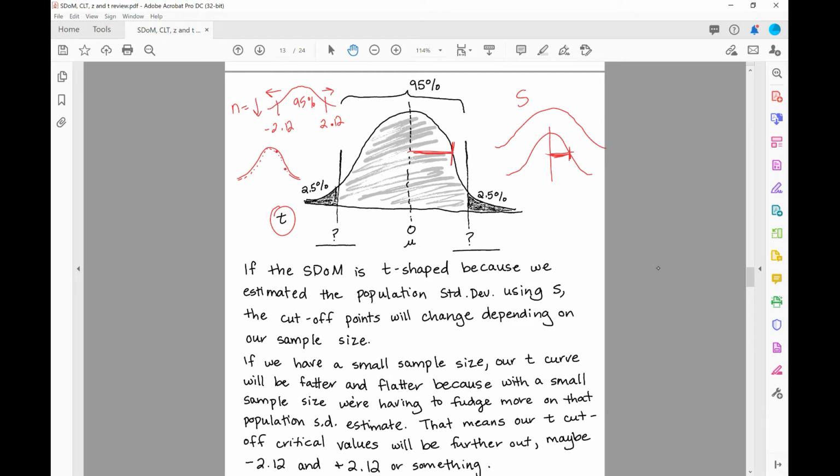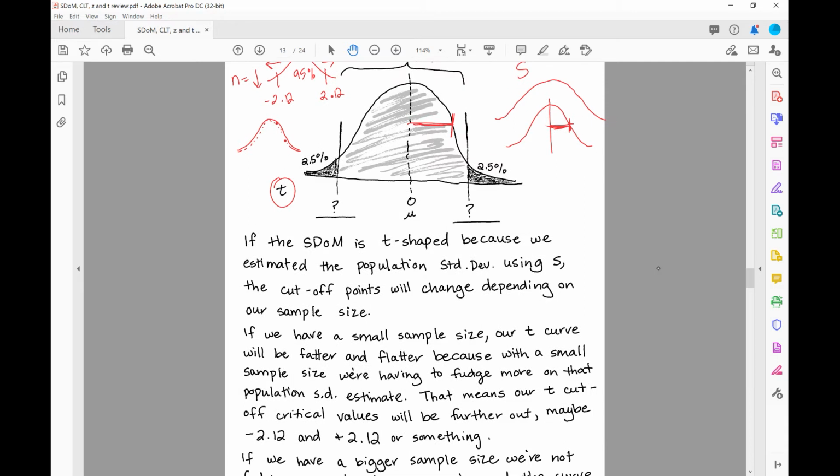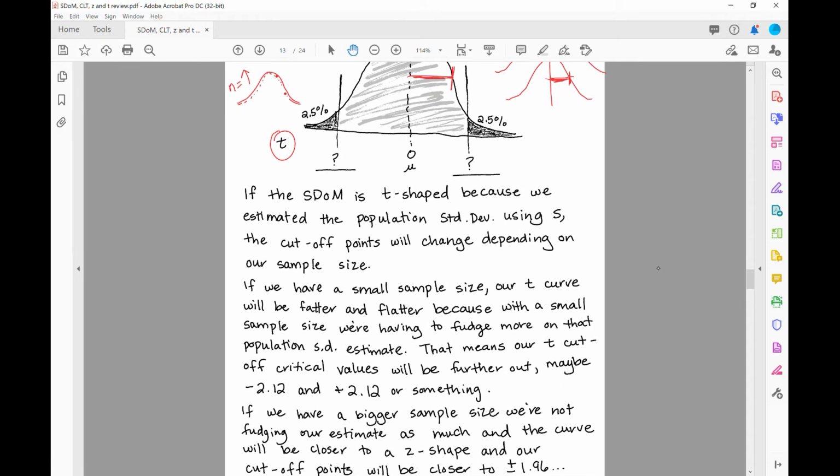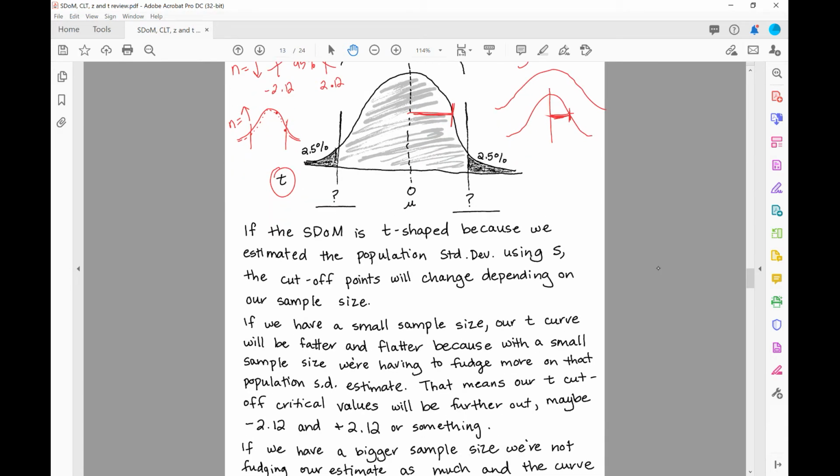And so those probabilities are going to be closer to the Z. And again, this is when we have a higher sample size. In this case, we have a better estimate, in other words, so we're able to be a little bit more precise, and we don't have to go quite so far out. It looks more like a Z-curve. So maybe those cutoff points are not so far out because it's not so squished and flat.